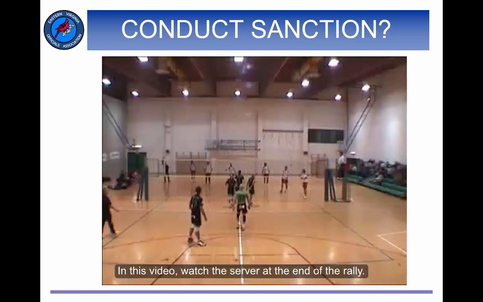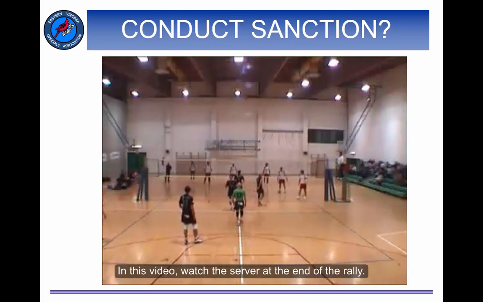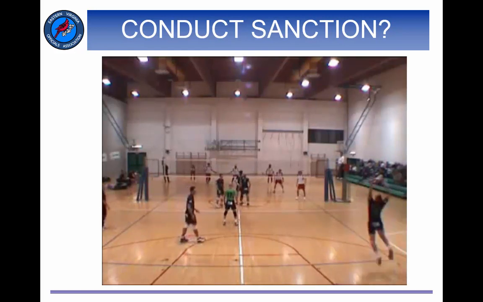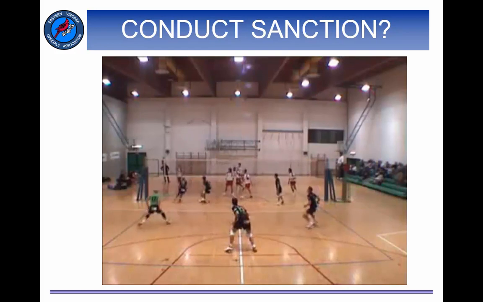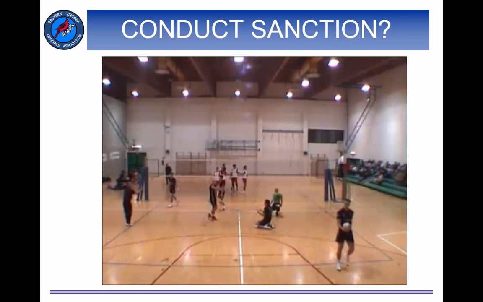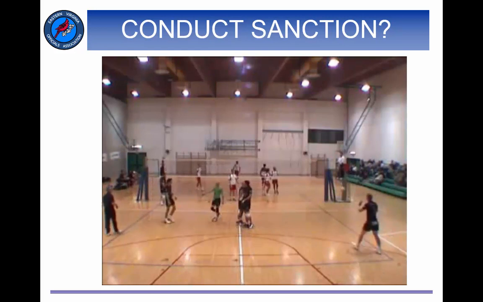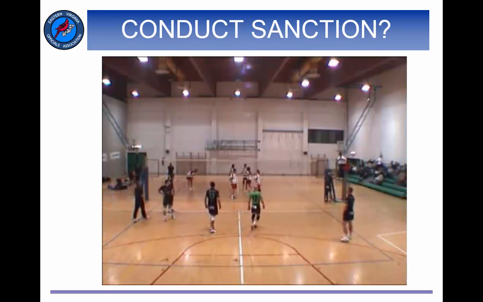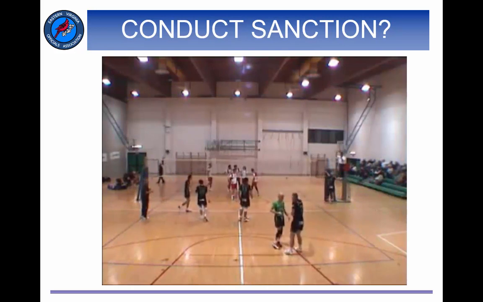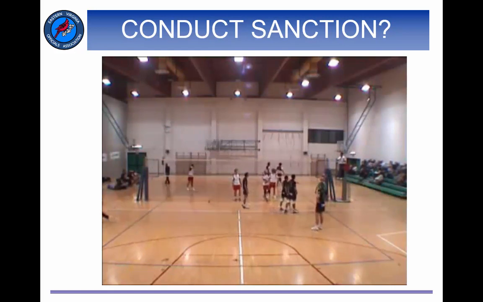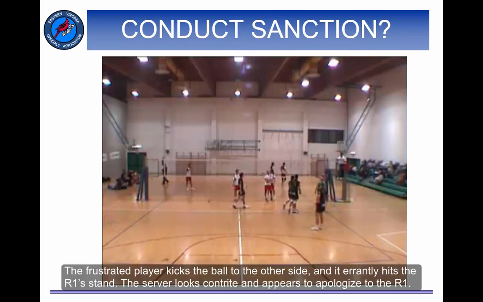In this video, watch the server at the end of the rally. The frustrated player kicks the ball to the other side, and it errantly hits the R1 stand.